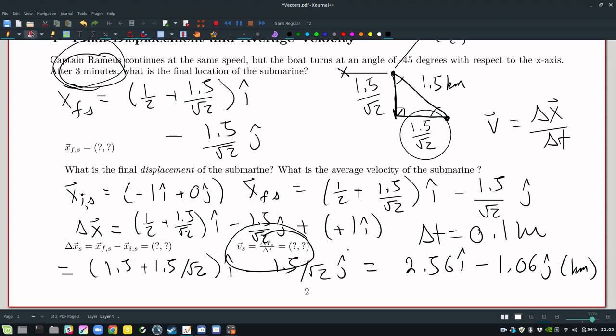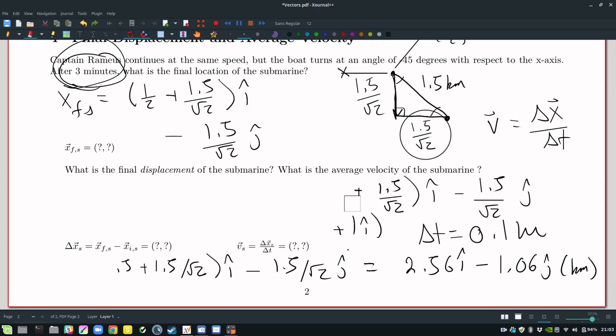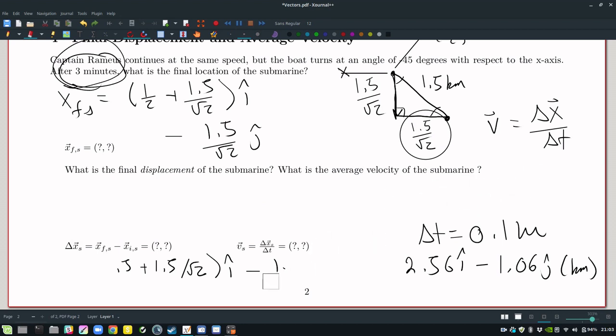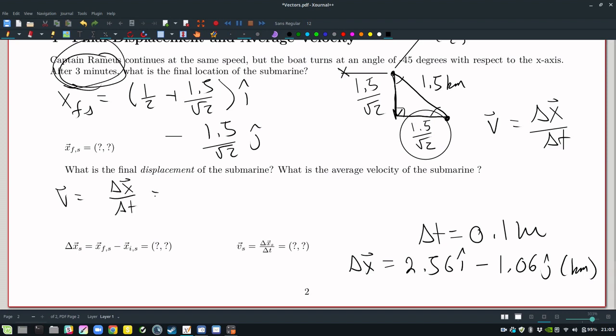So I'm going to do some erasing to create some room. But I'm going to save that final displacement value there. And then I've got delta t. So I'm going to take the ratio of these two things. The velocity is delta x divided by delta t.